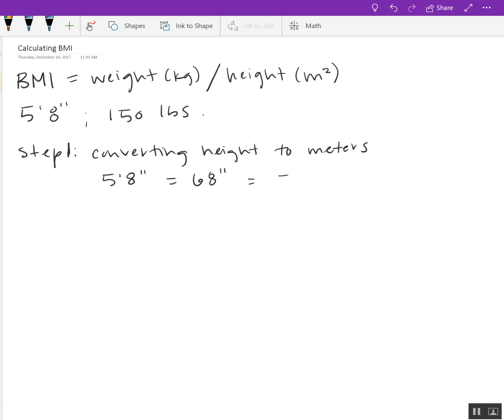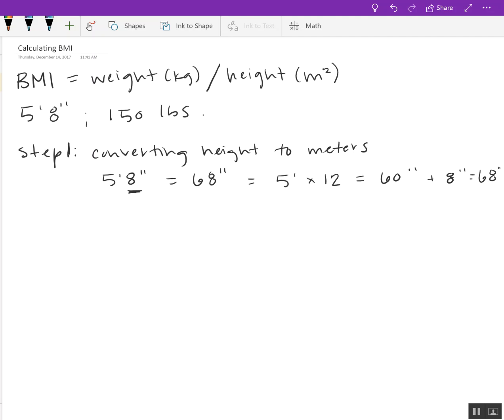So if we have 5 feet, we multiply that by 12 inches for every foot, and that gives us 60 inches. Then we have 8 left over, so we're just adding in those 8 inches, giving us 68. So we've converted 5 feet 8 inches into 68 inches.